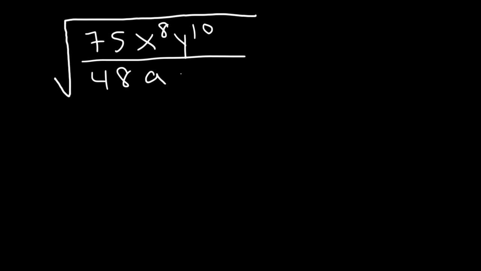What about this one? The square root of 75 x to the 8th y to the 10th divided by 48 a to the 4th b to the 5th. The square root of 75, we can break that into square root 3 times the square root of 25.